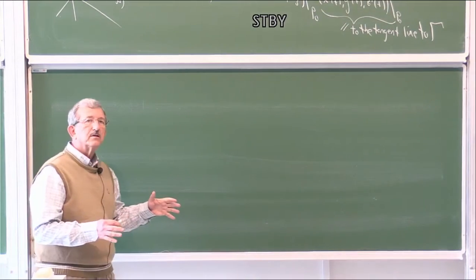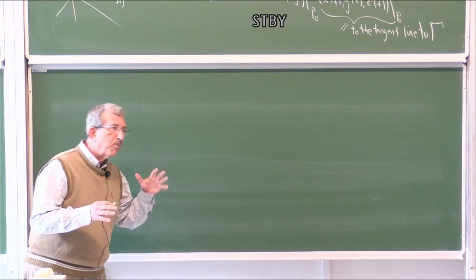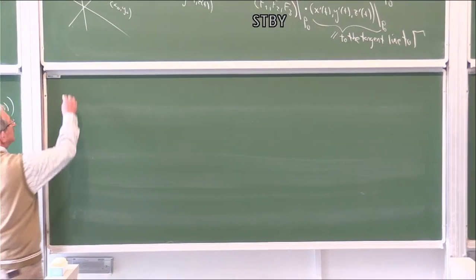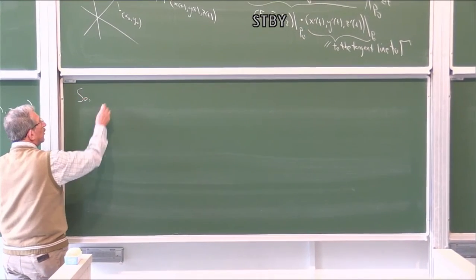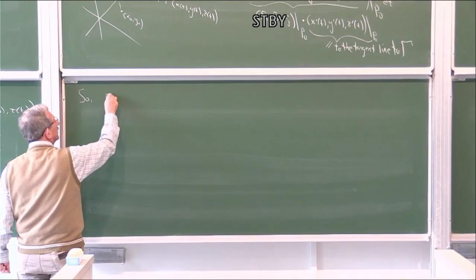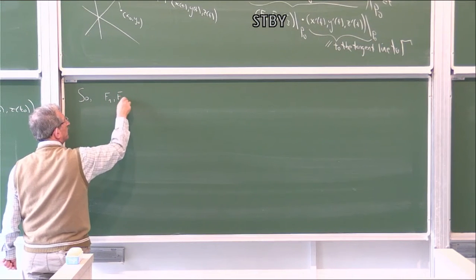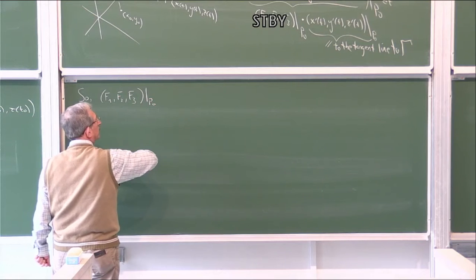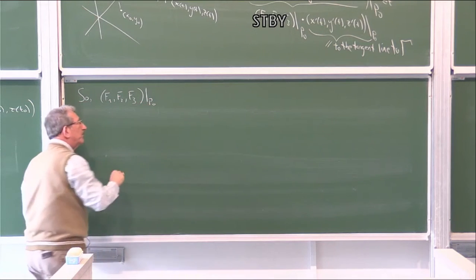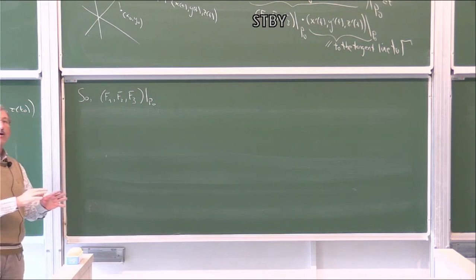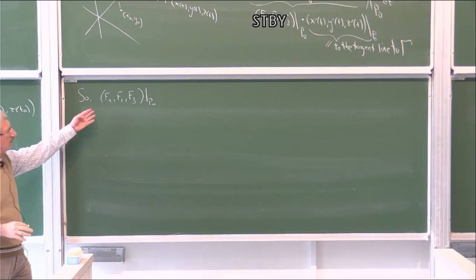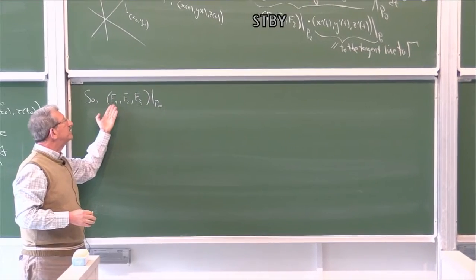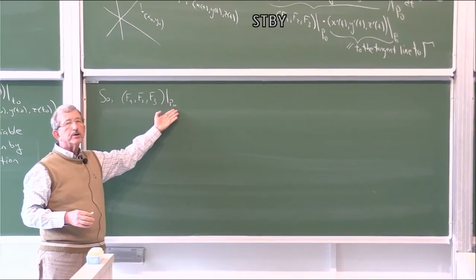Now, this is actually the point where we want to concentrate. This tells us, so this vector, f1, f2, f3, at p0, which is independent of the curve. This is only something about the function F, its derivatives, and the point.